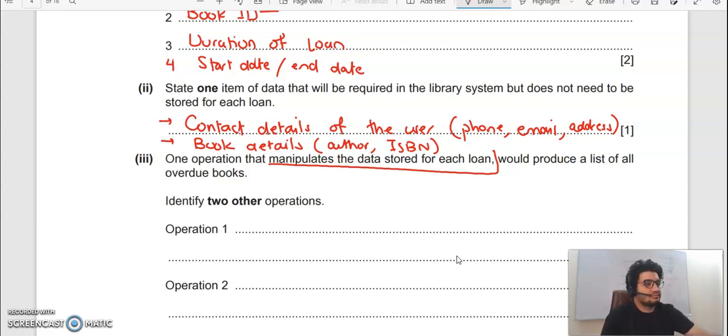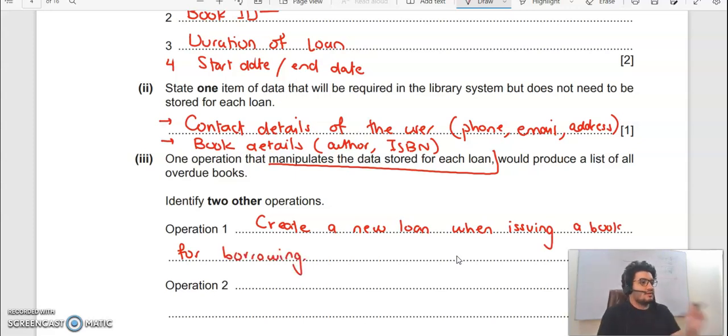So I think the most obvious one, the first one, would be to create a new loan when issuing a book for borrowing. When you are going to issue a new book for borrowing, you'll have to create a new loan, which is an operation that manipulates the data for each loan.